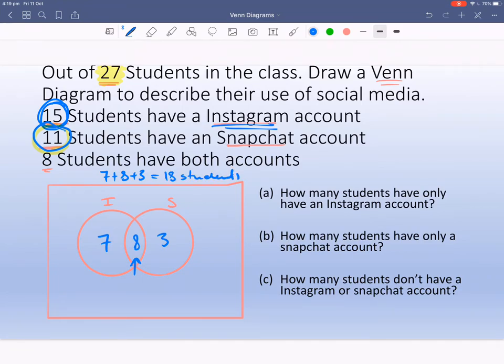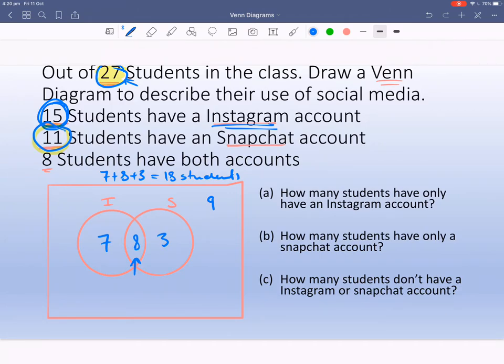So where do we put the rest of the students that add up to 27? Well, we put them outside of these circles but inside the box. So that'll be 9 students, because 18 plus 9 is 27. So what does that tell us? We have 9 students that don't have Snapchat or Instagram. They may be on social media but not on those two platforms.